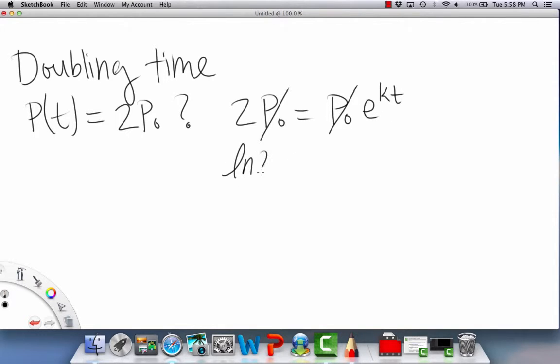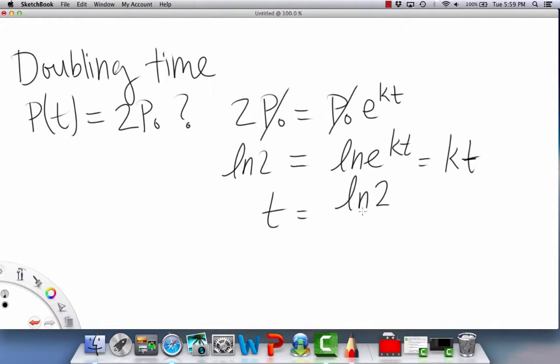If we ln both sides, the ln and the e cancel out, and we get kt, and our t, doubling time, equals ln 2 over k.